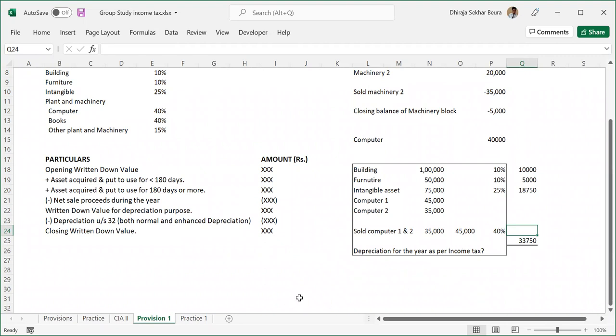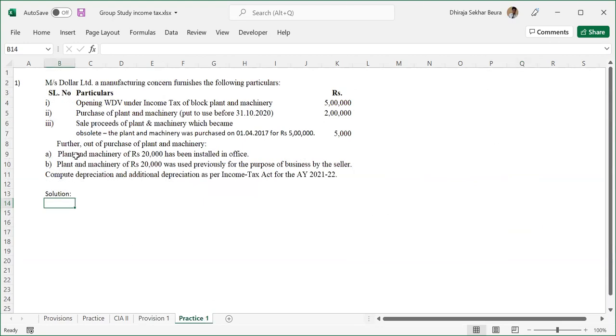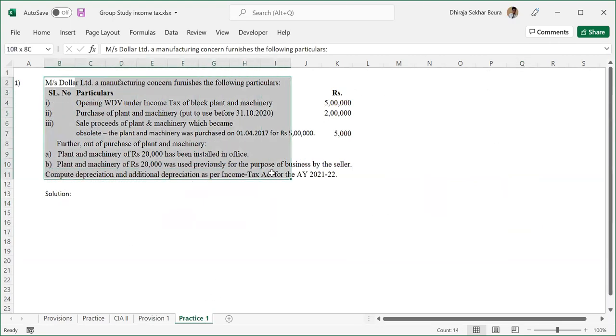Okay. We'll wind up now. It's already 10:18, 10:20. So what you can do is, I'll share this document with you. In the practice sheet, there is this question. If you have time, just try to solve this question by yourself. Whatever we have done now, 90% of the question we can solve.